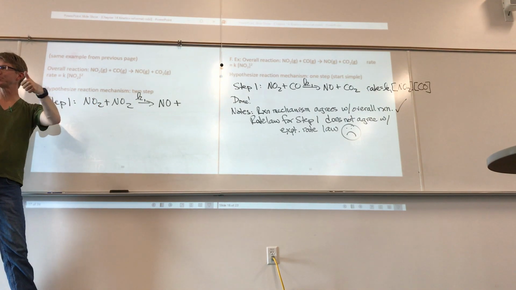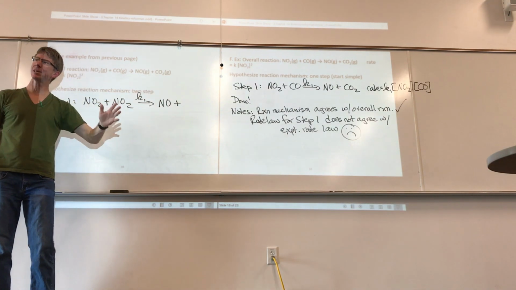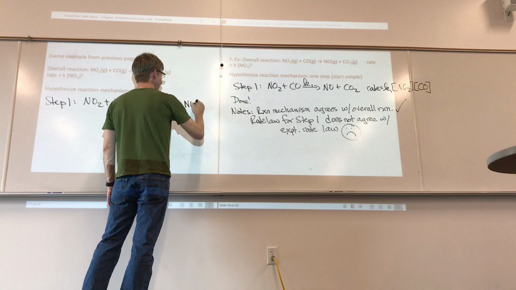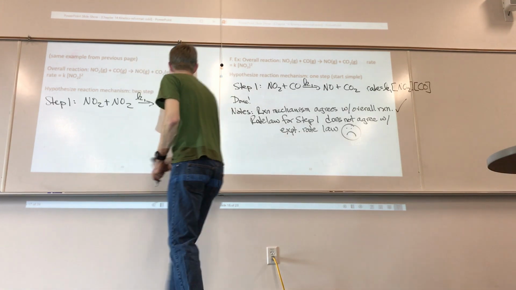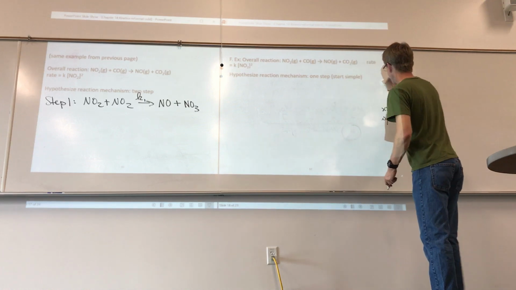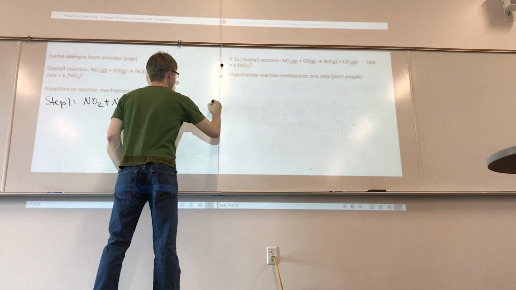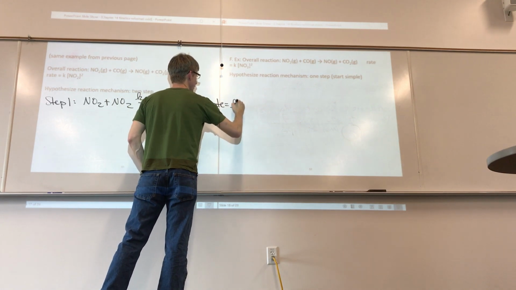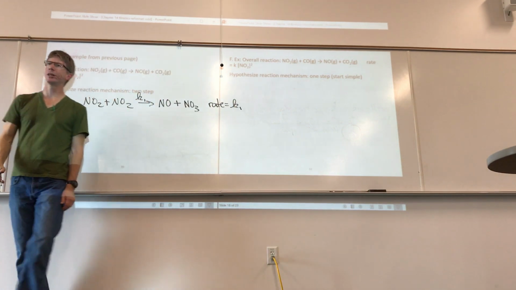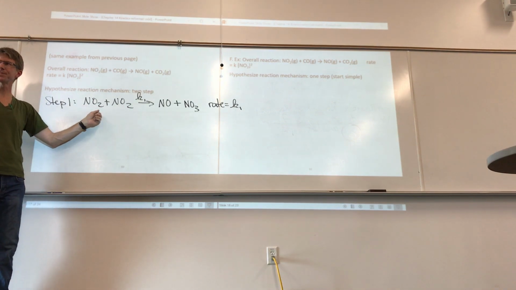You could hypothesize that you make another NO and another O, too. But let's keep it simple. Let's just make one more thing: nitrogen trioxide. Rate equals k1 times the concentration of NO2 squared.